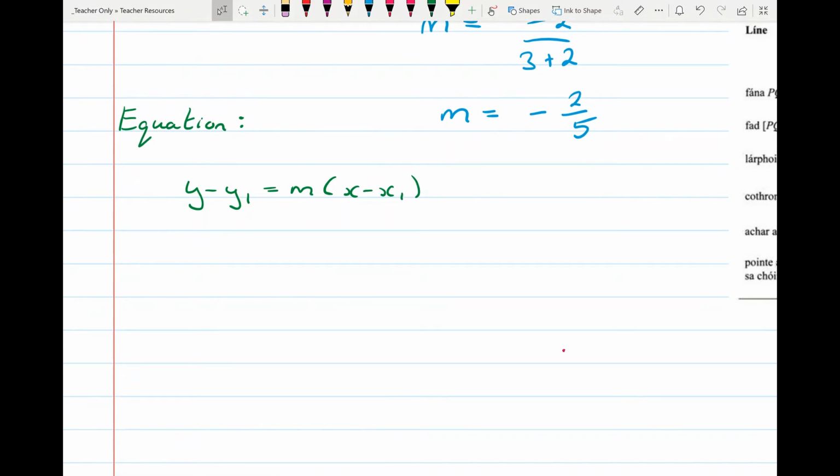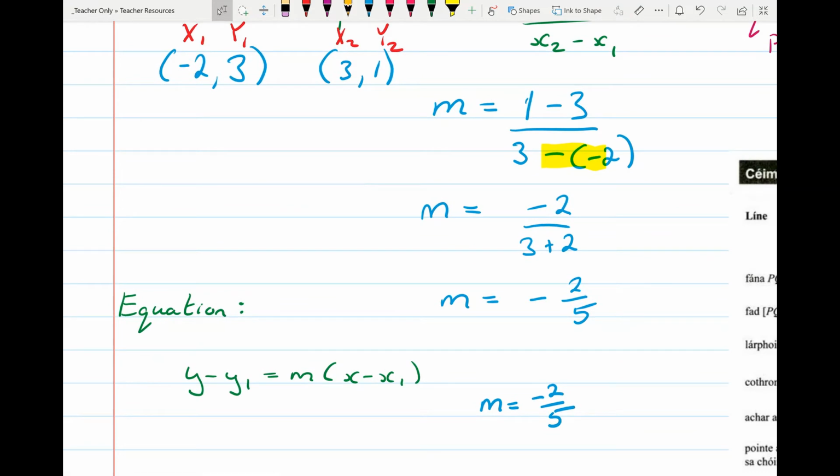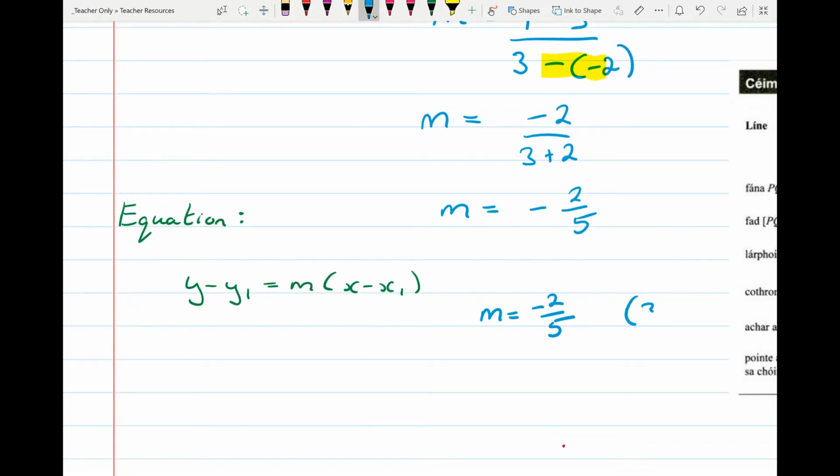So what we need to do then is write down the information we know. We know that the slope is going to be -2 over 5. And we know that one of the points is all we need. So I can pick either (-2, 3) or (3, 1). I'm going to pick (3, 1) as my point. I label my point x1, y1.